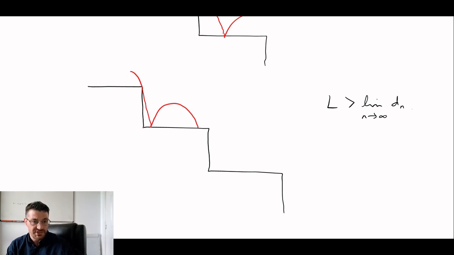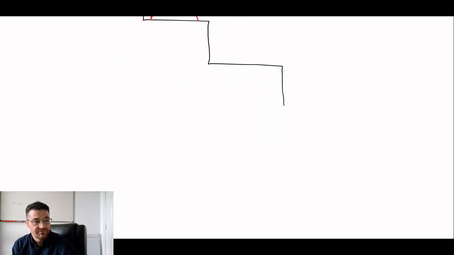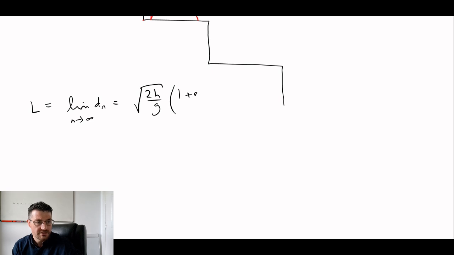But this is forbidden. The particle bounces once per stair. So what's the upshot? It means that L must be equal to the limit as n approaches infinity of dn, which is equal to the square root of 2h over g times 1 plus e over 1 minus e to the half.